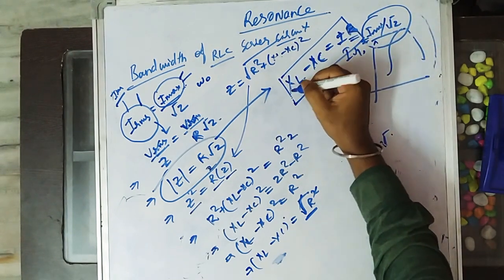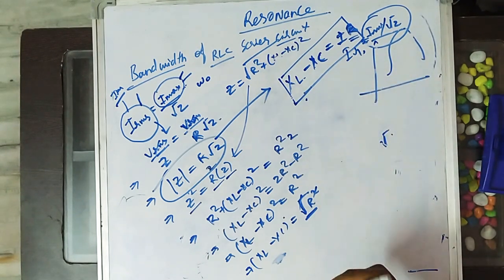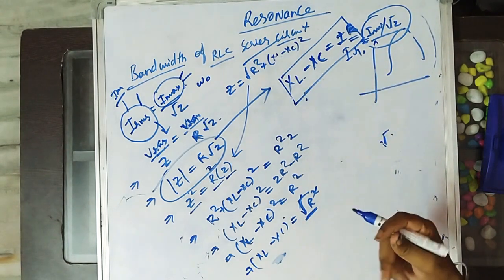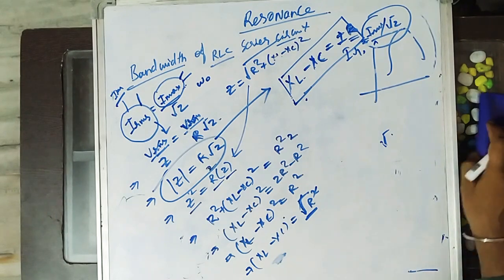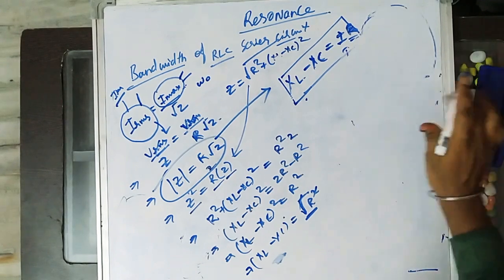The main thing to find here is that in this XL minus XC we have omega. So from the first resonance, from last, we'll base on omega only. So substitute omega L and omega C for XL and XC here.